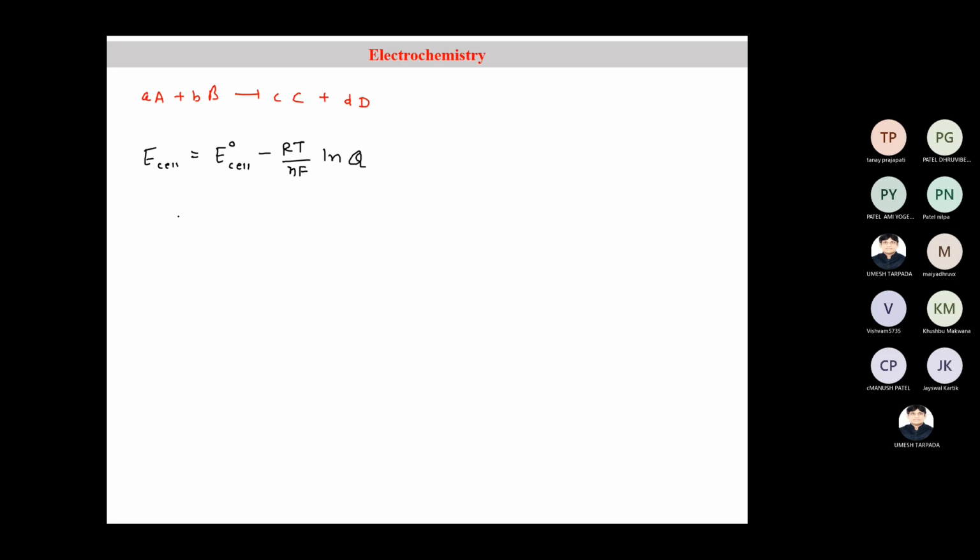Quotient Q is nothing but the concentration of the products, C and D, with their moles written as exponents, divided by the reactants. So this is the way you can write the quotient.